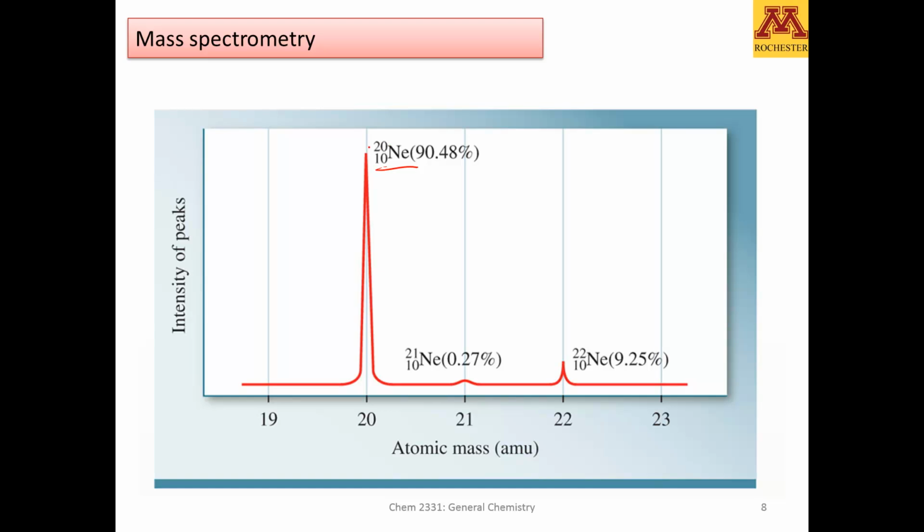In this case, neon 20 is the most abundant, neon 21 is the least abundant, and neon 22 is the second most abundant. Notice that just by integrating these peaks, one can calculate the abundance of each.